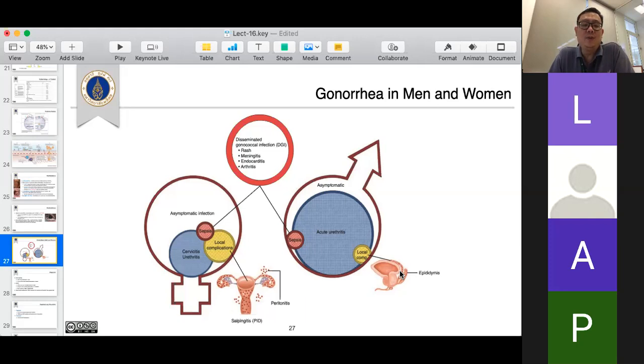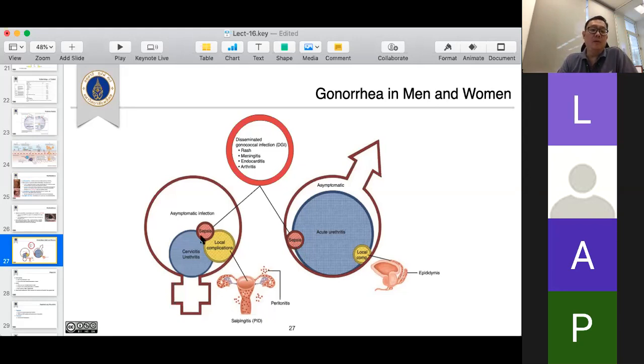Spreading of bacteria to the blood circulation is quite rare, but it can happen, and finally you get bacteremia or sepsis in the body. That is a rare case, but can happen, okay? That's also dangerous.